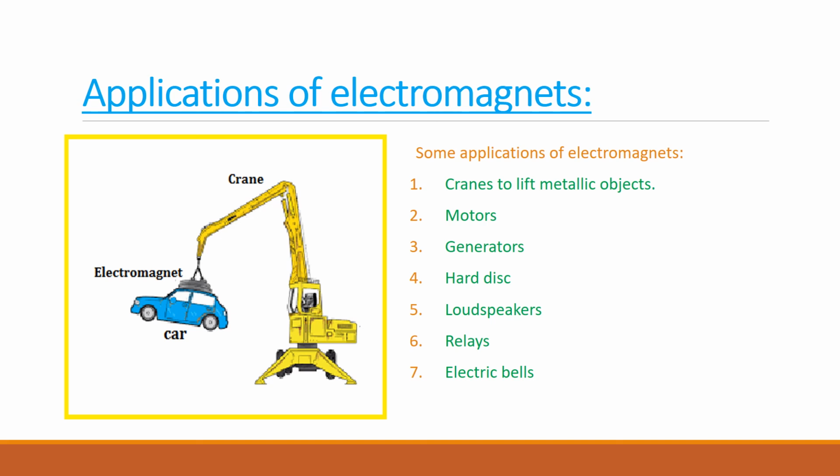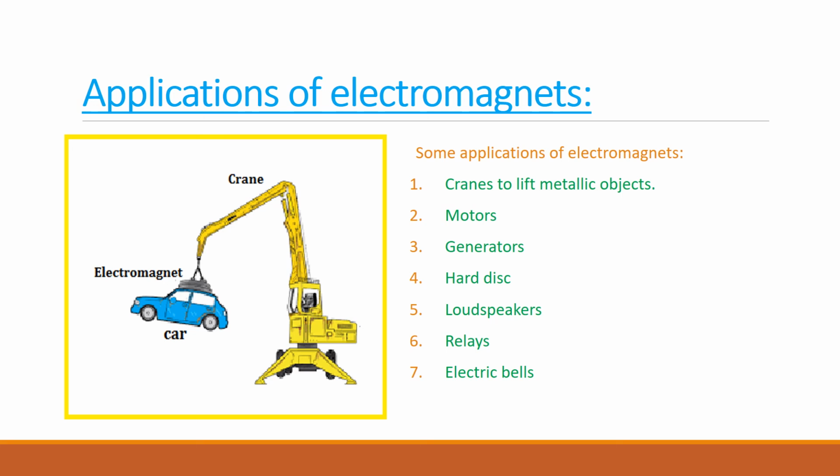I want to conclude by giving examples of application of electromagnets, which include cranes. Cranes are used in ports, just like Mombasa port, to lift objects from the ships to the port. Two, they can be used in making motors. Three, they create generators.